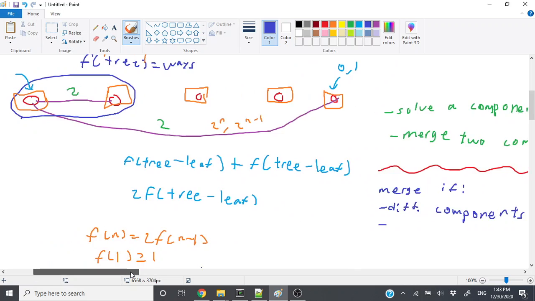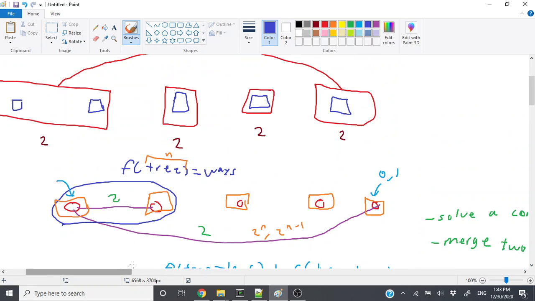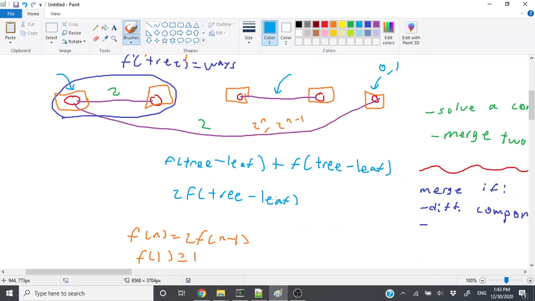But there's also no point in merging 2 solved components, because consider adding this edge. But we can already make this whatever we want, and we can already make this whatever we want. And in general, we can already make everything in the 2 components whatever we want. So this edge gives us no more control of the components that we have. Which means there's no reason to ever merge any 2 solved components.